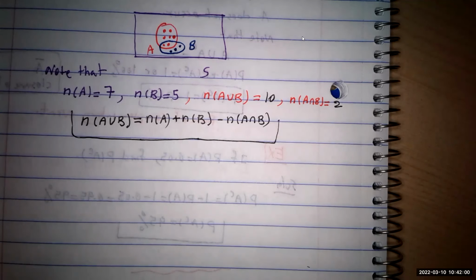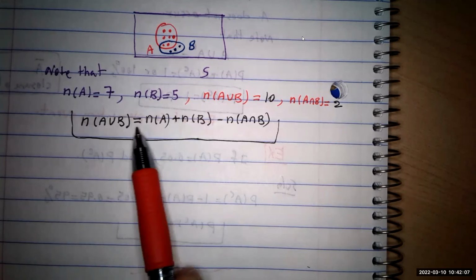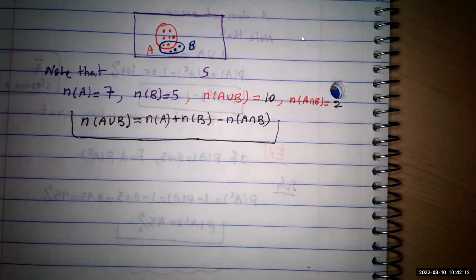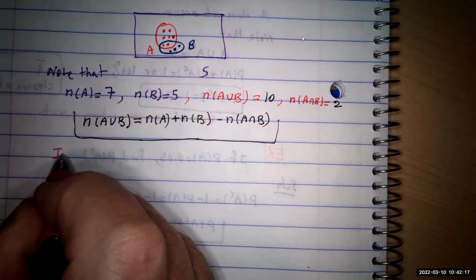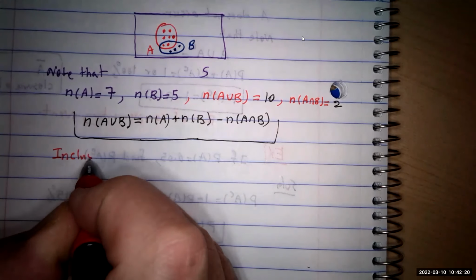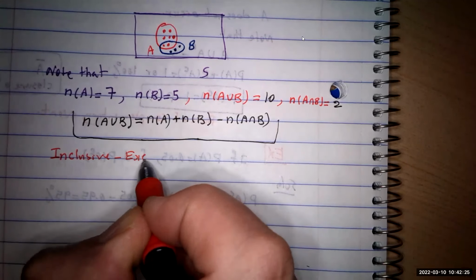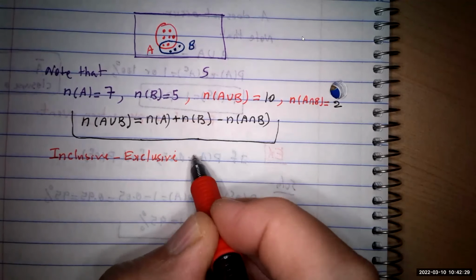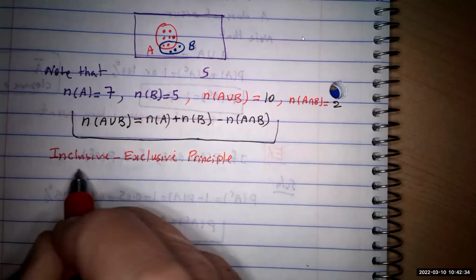This obvious observation in mathematics, you see what you did, you include the members of each set, but you exclude the intersection. So that's why this is going to be called, okay, I'm going to make it official, the inclusive exclusive formula or principle. It's very popular.